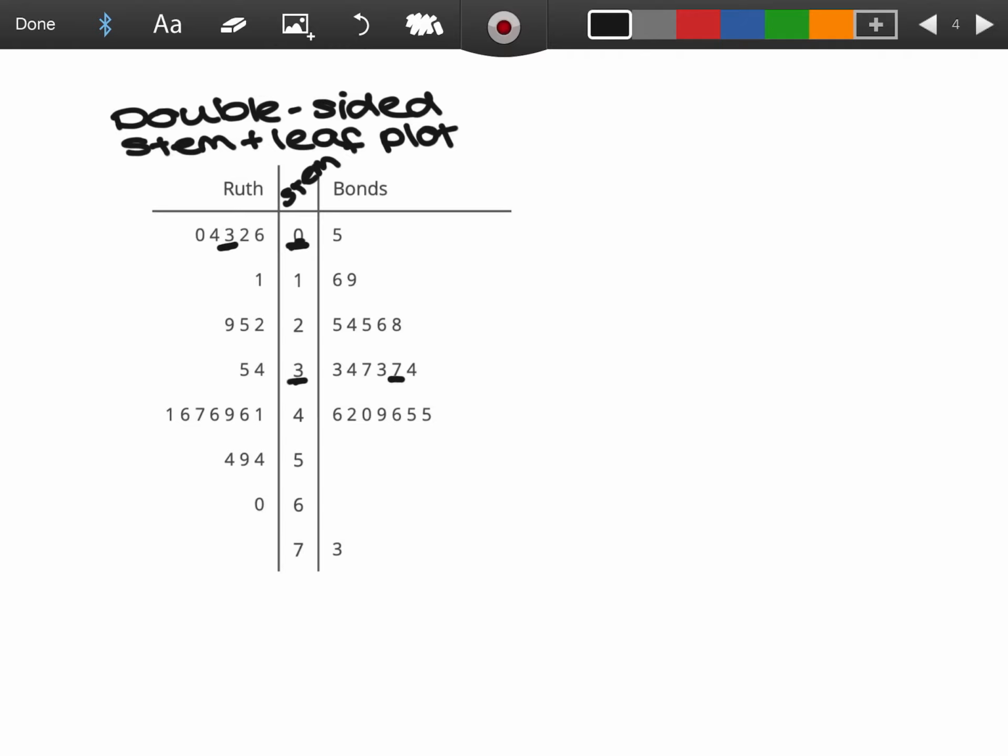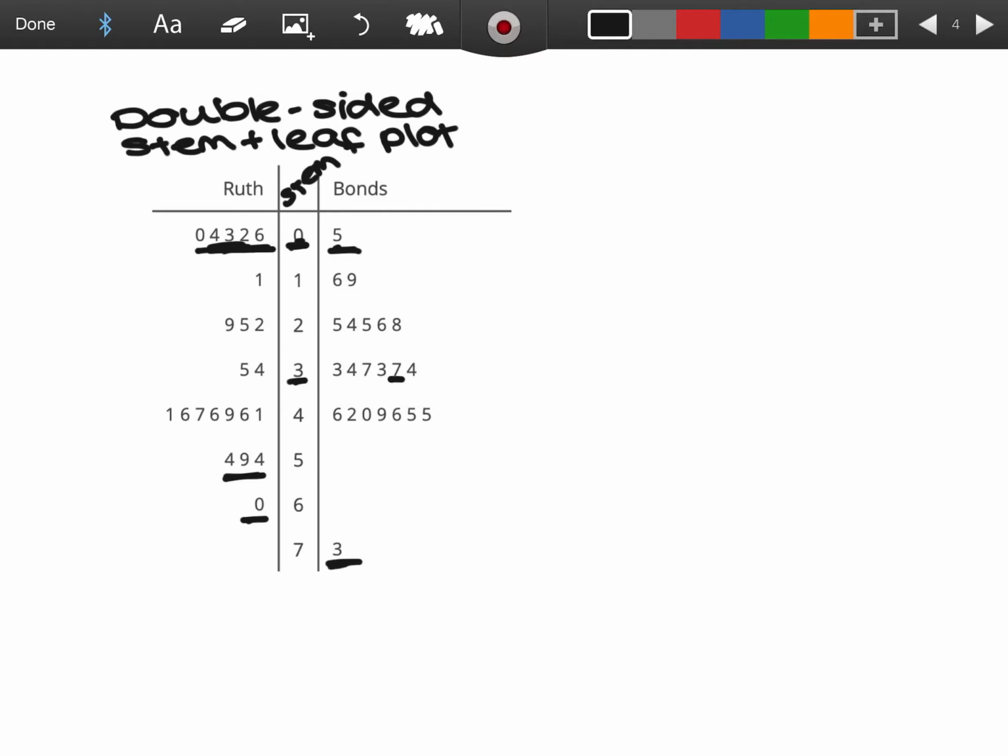So I know that Ruth actually had a lot of lower scoring seasons, with a lower number of home runs than Bonds did. But at the same time, I can see that he actually had a lot more high scoring seasons than Bonds did. Above 49, Ruth had 4 seasons in which he got above 49 home runs.